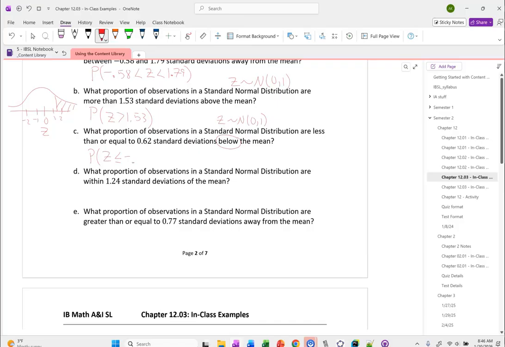Negative 0.62, because it's below the mean. Try typing that into your calculator and seeing if you get the correct result.